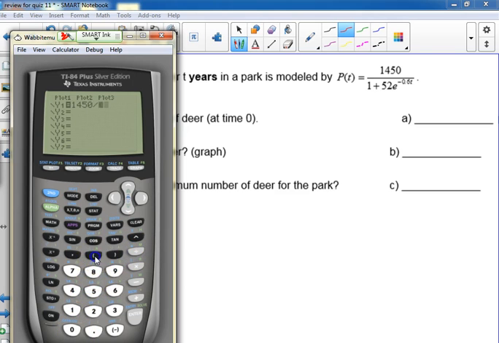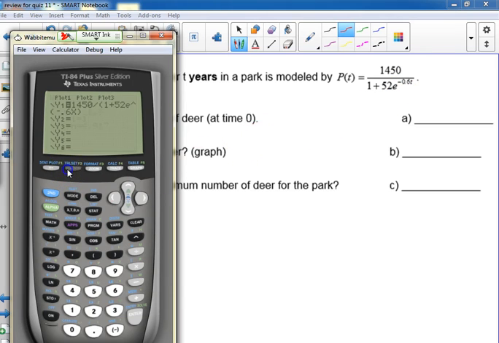I just want to make sure I wasn't ignoring you if I was supposed to be helping you with something. Okay, be careful that you type this one in right. 1450 over, make sure you put the divide in. I forgot the divide one time. That made a hot mess. Parenthesis 1 plus 52e to the negative 0.6. Everybody got that 0.6 in there?